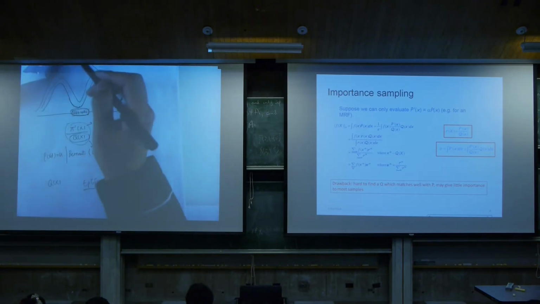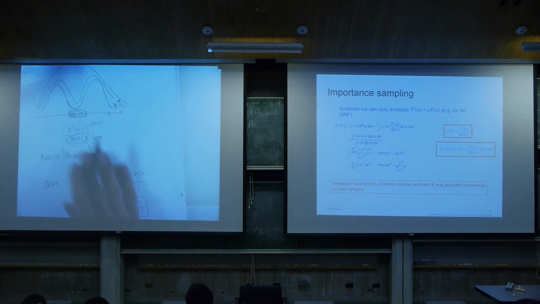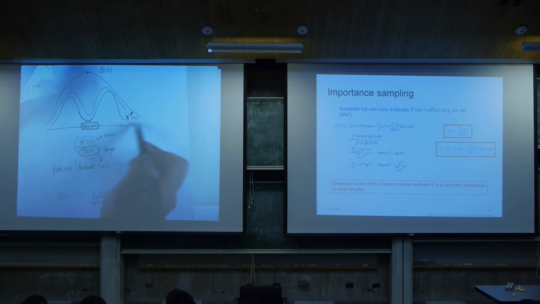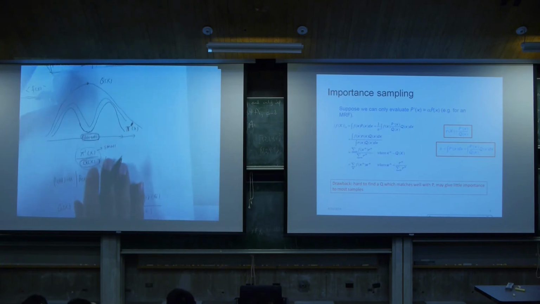But in practice, it's hard to do this. And in most cases, we don't even know the shape of this target distribution. In that case, you cannot even decide whether a Gaussian or a multinomial is better.